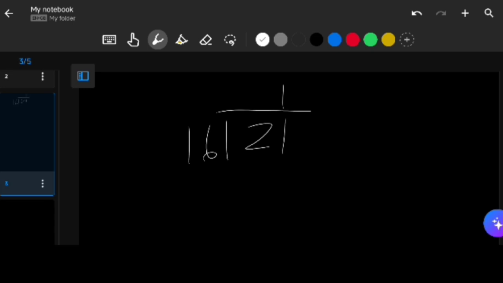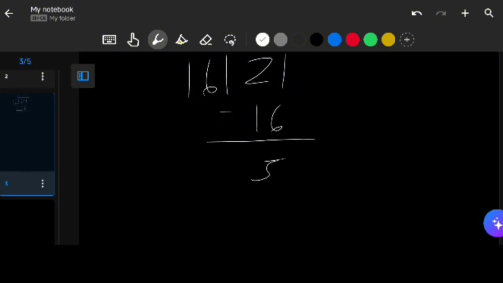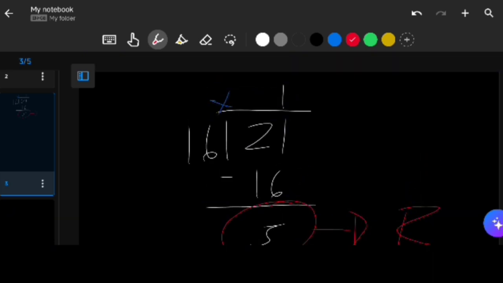So, let's do our math. 16 multiplied by 1 is equal to 16. And 21 minus 16 is equal to 5. So, our third remainder is 5. And our quotient is 1.